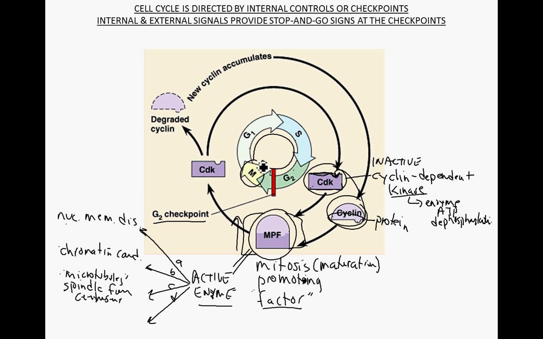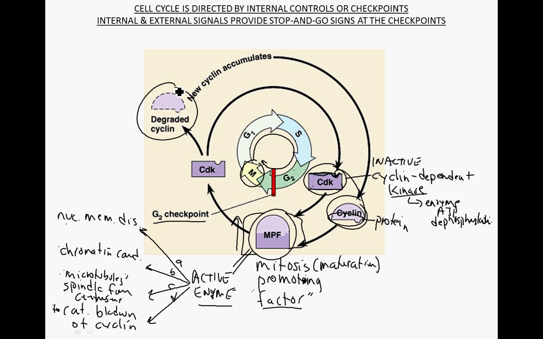Okay. The other thing that this MPF does is it also catalyzes the breakdown of cyclin. So this enzyme triggers other enzymes that then begin to break down cyclin. What you see then is that cyclin is going to be degraded.